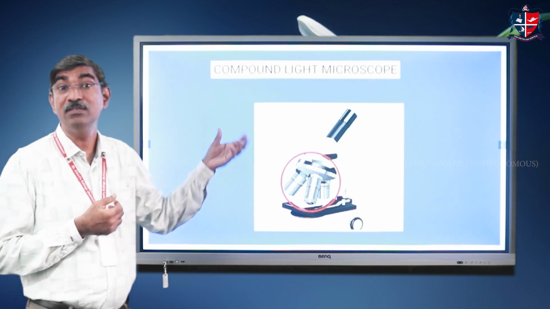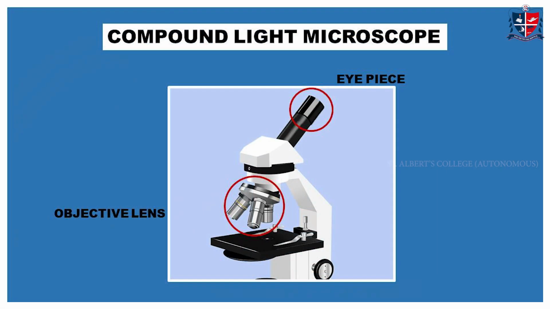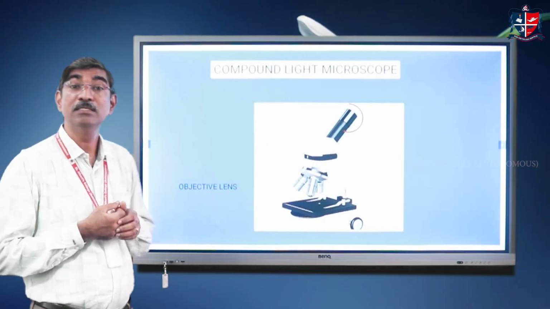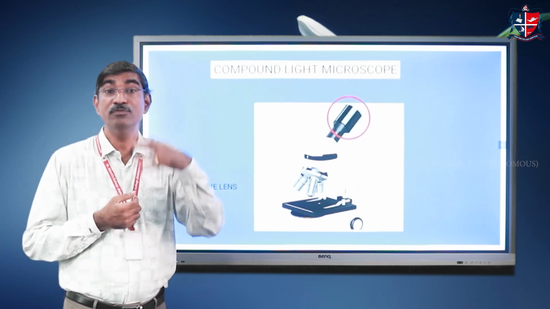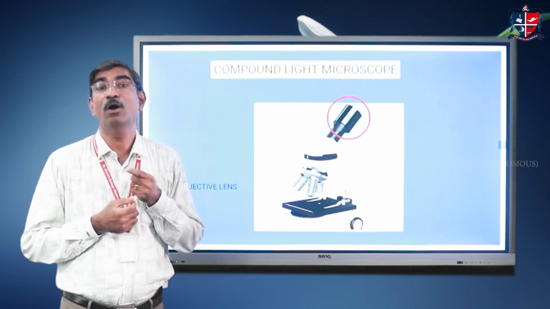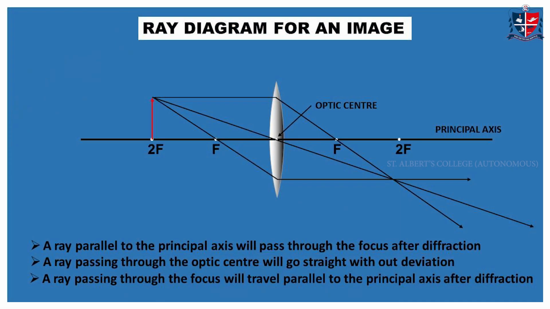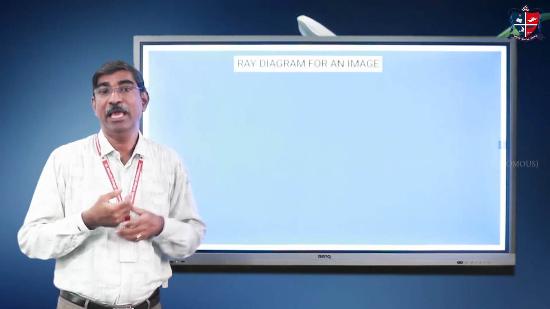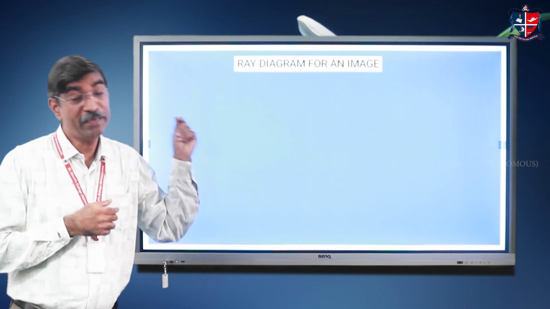It gathers light from the object that is placed on the stage of the microscope. And the second one is the eyepiece. The eyepiece gives us the image of the object. Then the image is formed by the light emitted from the object that is placed in the microscope.